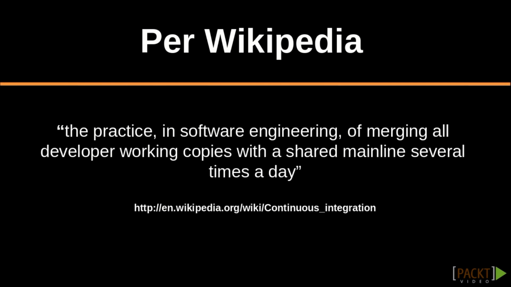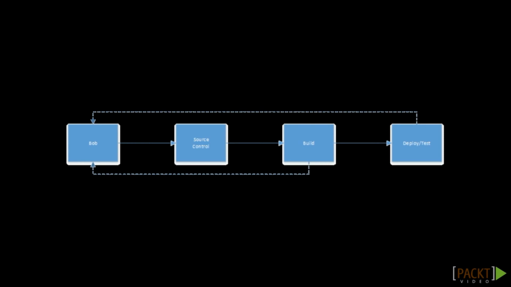What does that mean, though, taking developer working copies and merging them with a mainline several times a day? Well, if you were a developer in a shop where you were coding all by yourself, like our friend Bob here is, then Bob's work would go from his computer to source control when he checked it in.